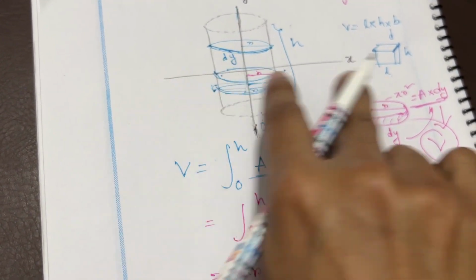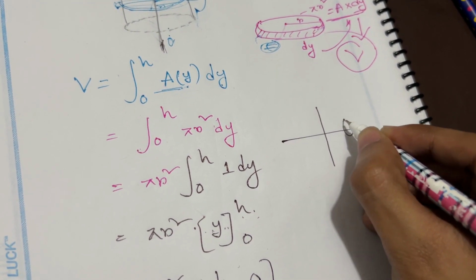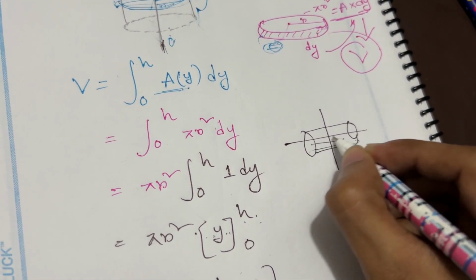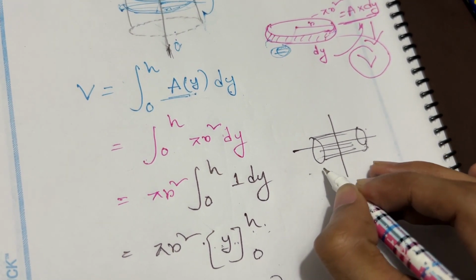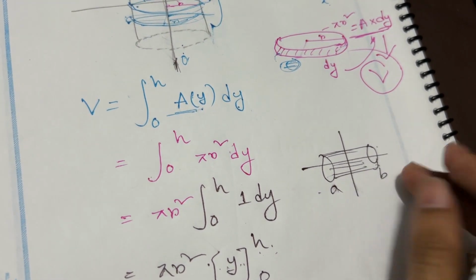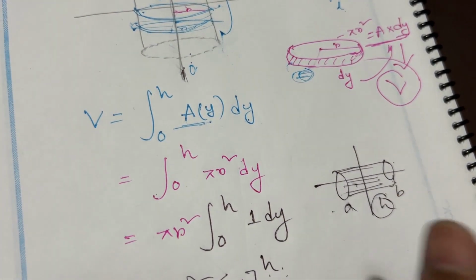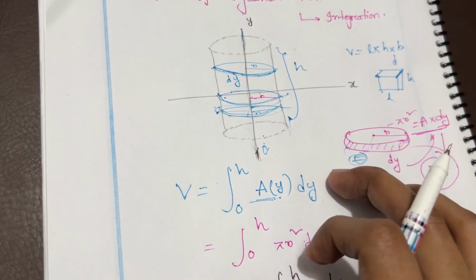If it was along the x-axis, like this, then we would have to do it along the x-axis, from a to b, suppose, and this would be the height of this cylinder.